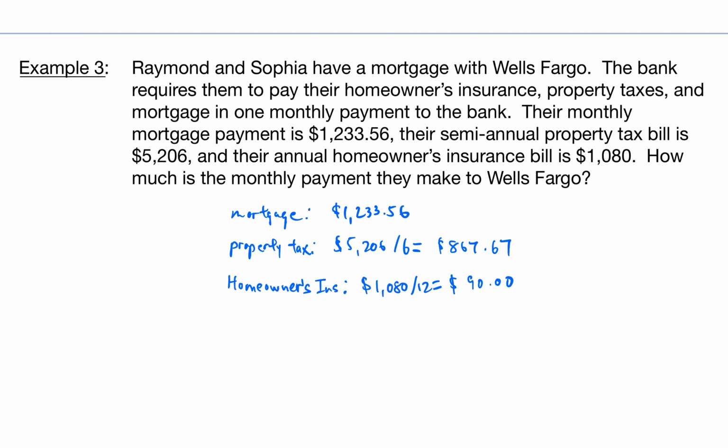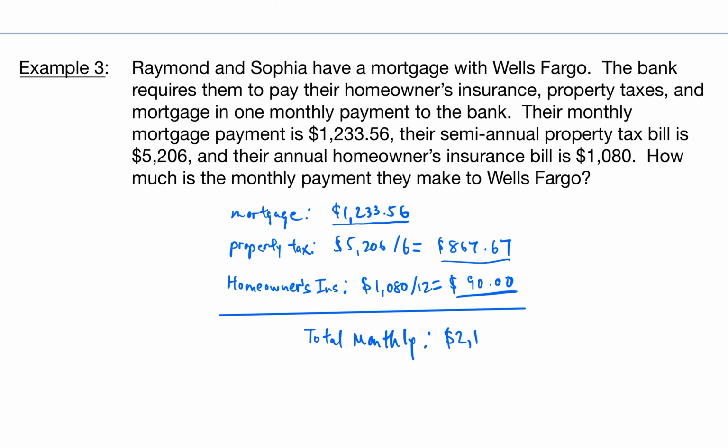So then we're going to add this amount and that amount together. Okay, so total monthly works out to $2,191.23.